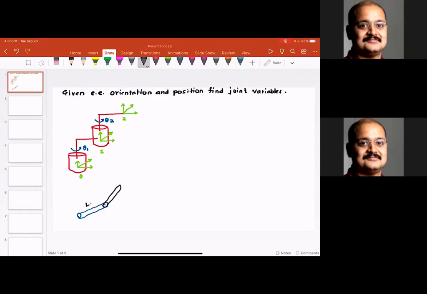I'm going to call this distance L1. I'm going to call this distance L2. So this distance is going to be L1. This distance is going to be L2.